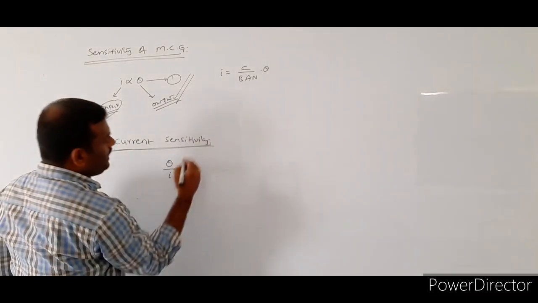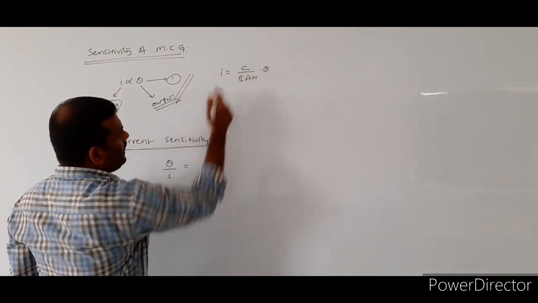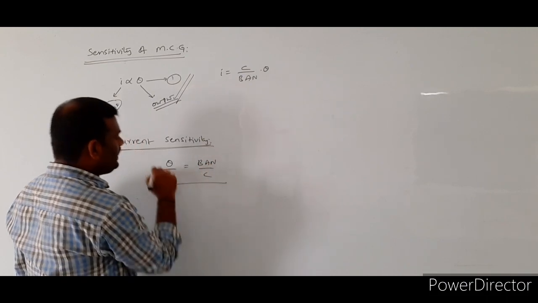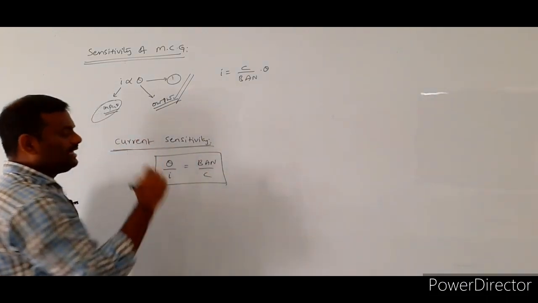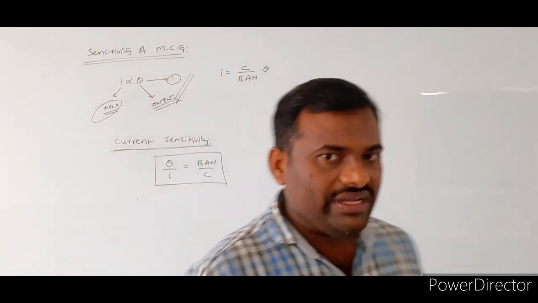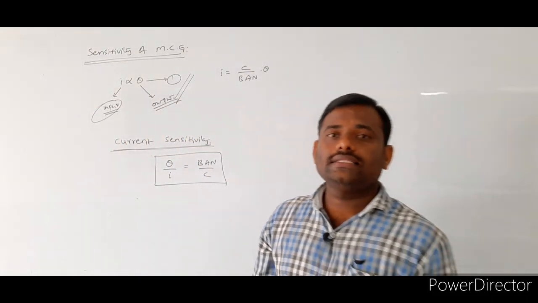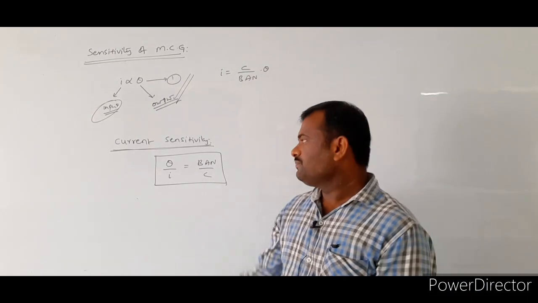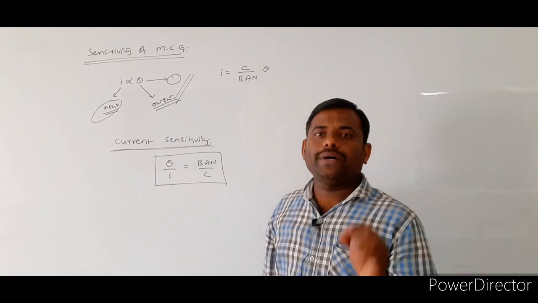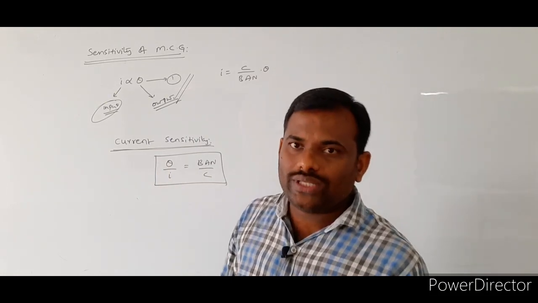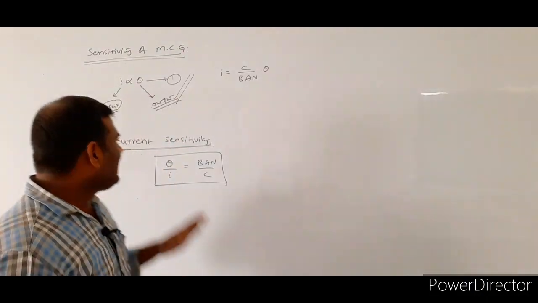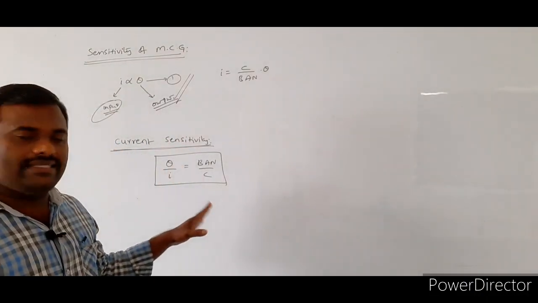So from that equation, theta by I is equal to BAN by C. Current sensitivity formula is theta by I equals BAN by C. How can we define the current sensitivity? The amount of the deflection produced within the coil per unit current flows through it. That is called current sensitivity.